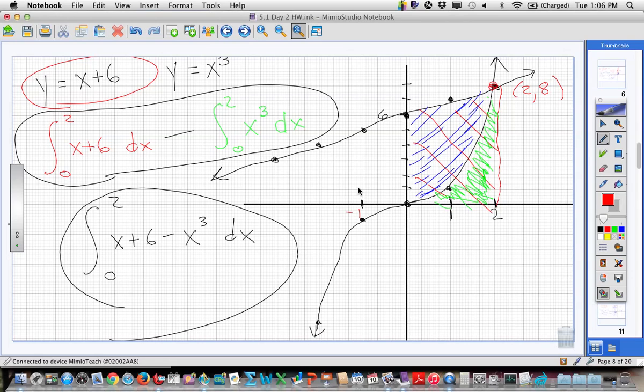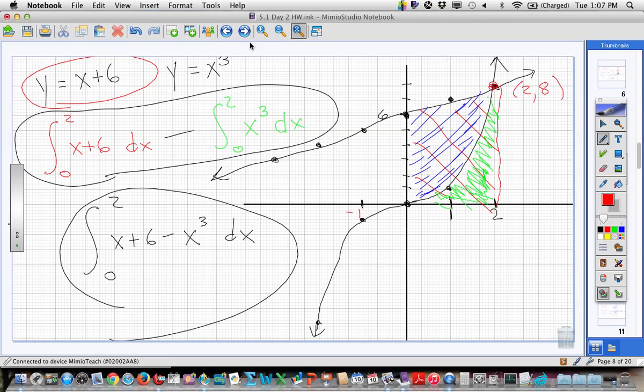The only way your average speed is 0 is if you never move, because speed is always positive. An average of values greater than or equal to 0 only gets 0 if they're all 0, so you didn't move at all. But average velocity is based on direction and all that stuff. Okay, so that's an important difference, and that's what 38 was about. So it's important that we understood that.